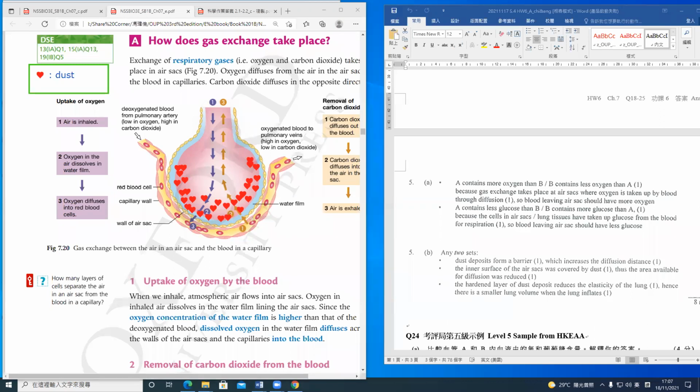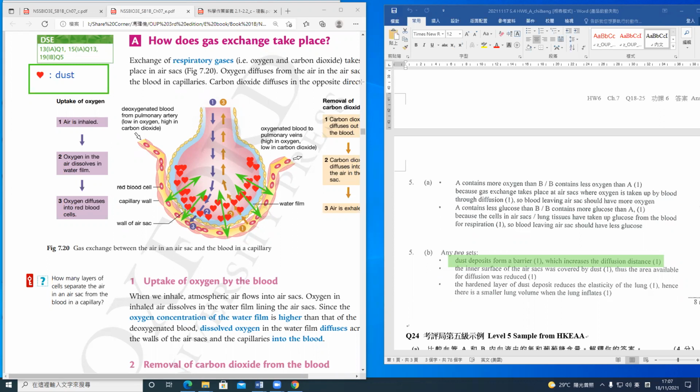Therefore, the first point, on the right-hand side, it forms a barrier that increases the diffusion distance. It means that the diffusion distance shown by the green arrow is lengthened, to diffuse across a longer distance.